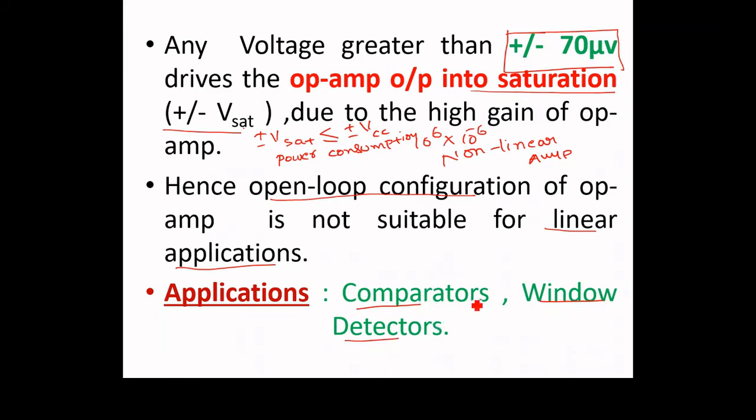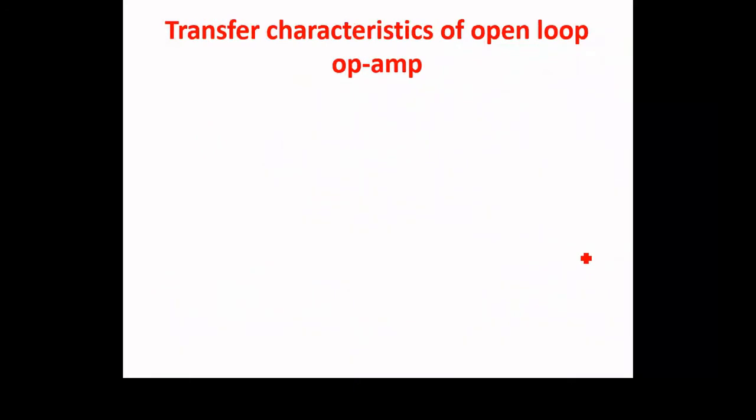Only very few applications are possible when we operate the op amp in open loop configuration. So this you need to remember. The important point is you need to apply a voltage in the range of tens of microvolts. That is the first point, and you will have very limited applications, right?